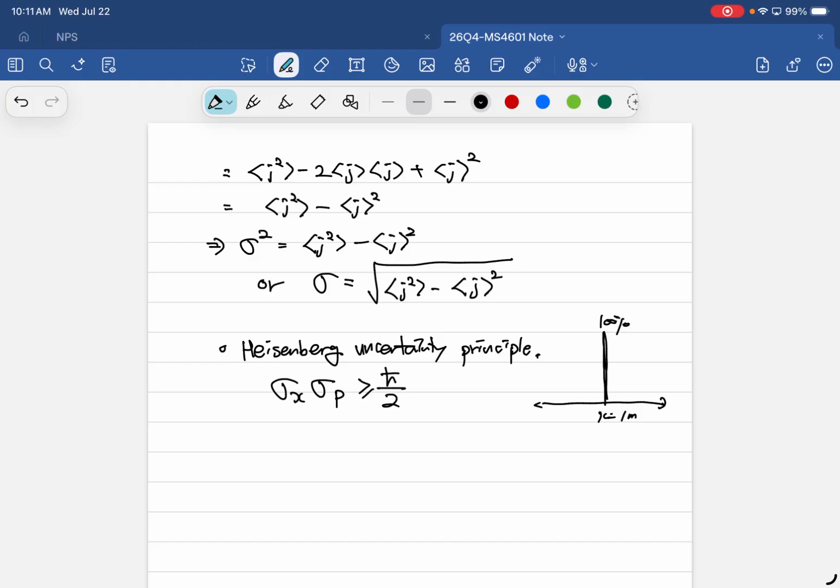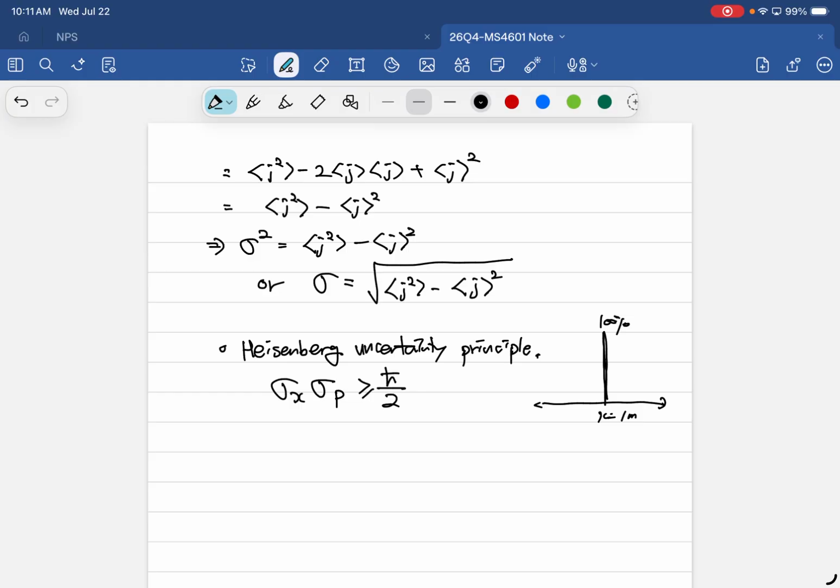So what does it mean here? If we know the position exactly, what does this value have to be to satisfy this inequality? Realistically, you cannot really get there, but this one has to be infinity. Does that make sense?